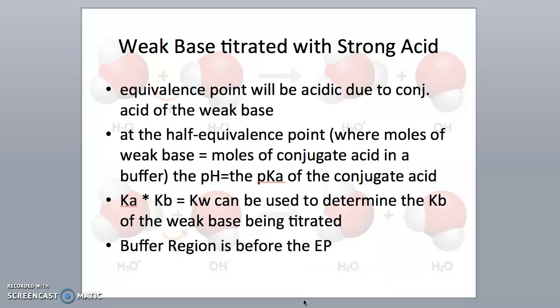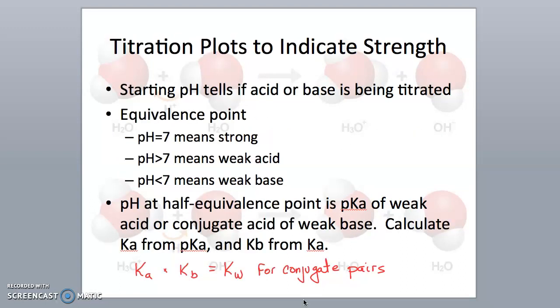So again, here's the word slide that I'm not going to spend much time on. This is a pretty good summary slide. If we look at a titration plot, look at the starting pH. That tells us if we're starting with an acid or a base. Then we go to the equivalence point.